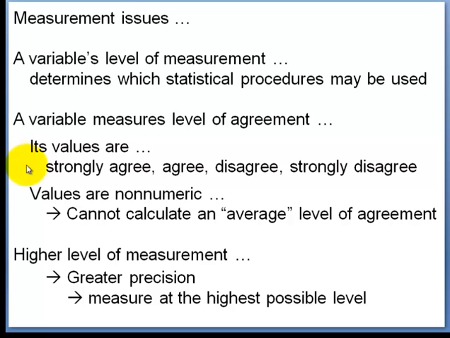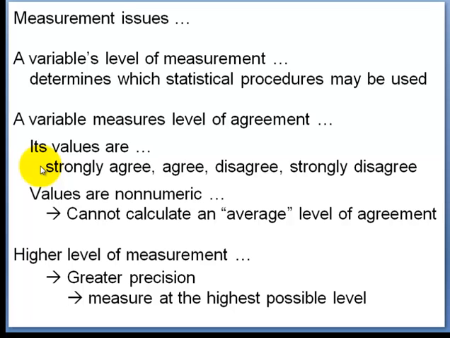Well, these are non-numeric values, so if we have a variable measured in this way, you could not formally and validly calculate an average, which is to say you couldn't add up all of the points and divide by the number of cases. You can't calculate an average because the values of the variable are non-numeric.